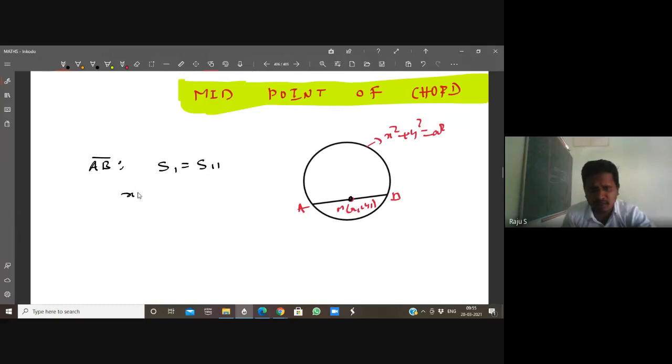S1 is nothing but x x1 plus y y1 minus a square, equal to x1 square plus y1 square minus a square. Right? Now this is the equation of chord.